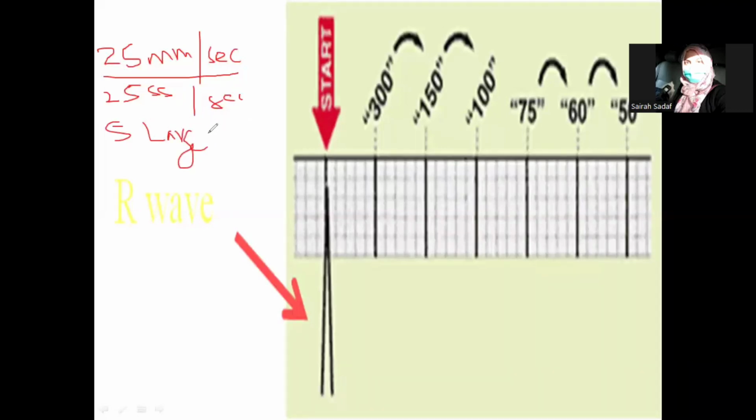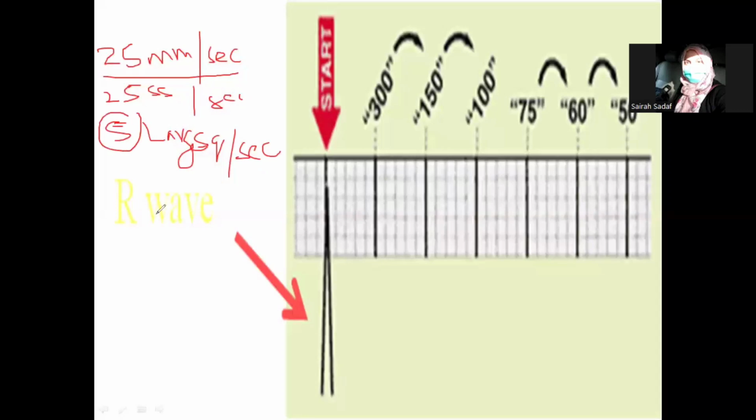Okay, it's very slow to write on this board. Now when we say 25 mm per second, we can also say 25 small squares per second, or 5 large squares per second.